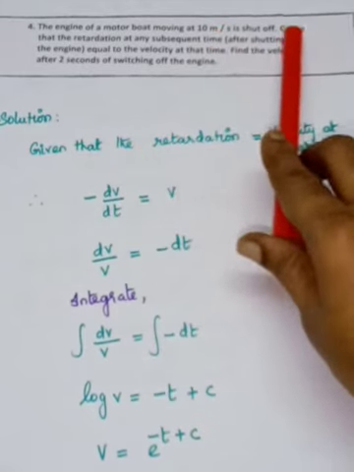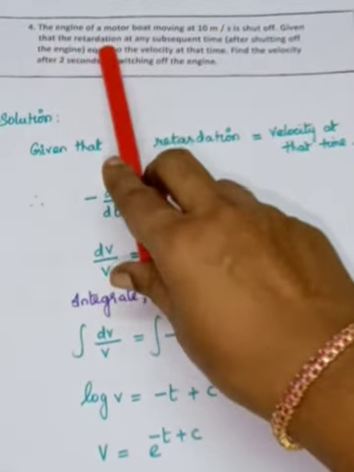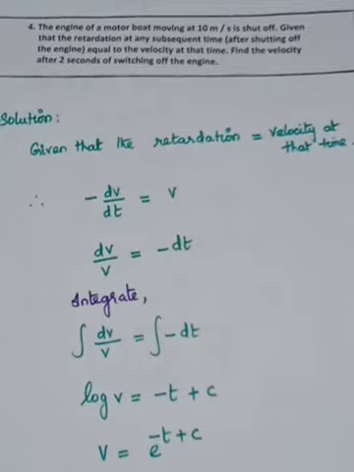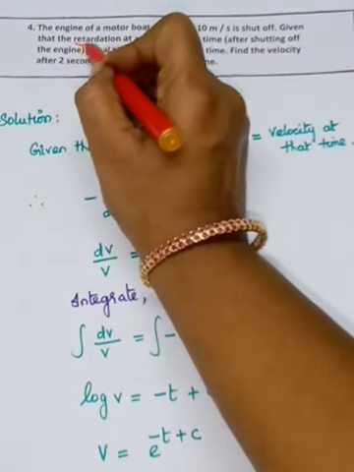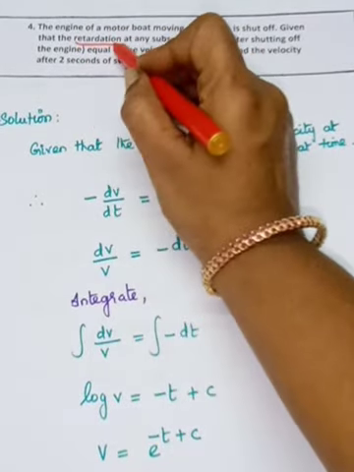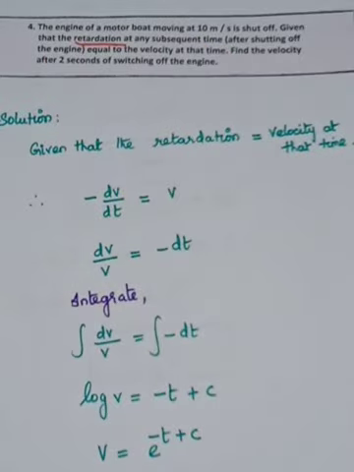Given that the retardation, see the word, the retardation at any subsequent time after shutting off the engine. The retardation is nothing but the negative acceleration, the decrease in the velocity with respect to time.